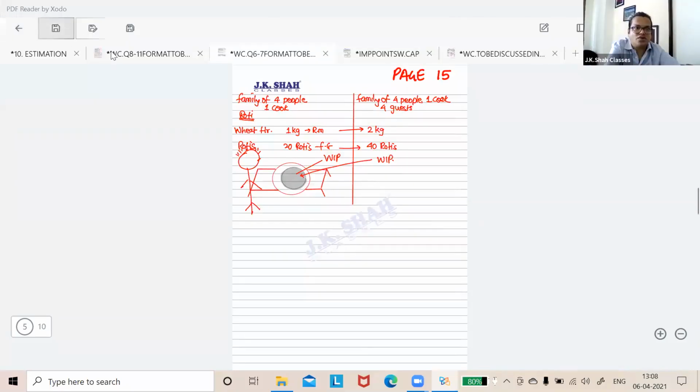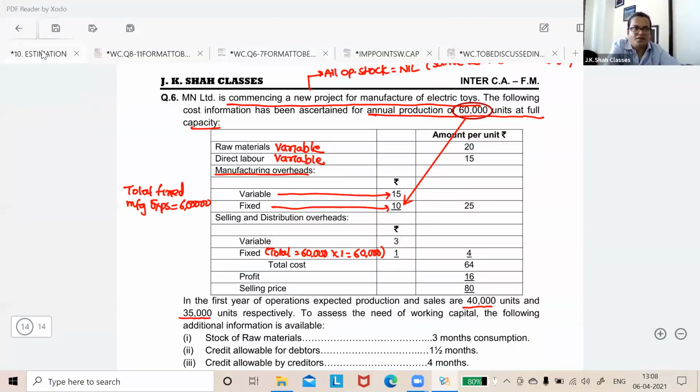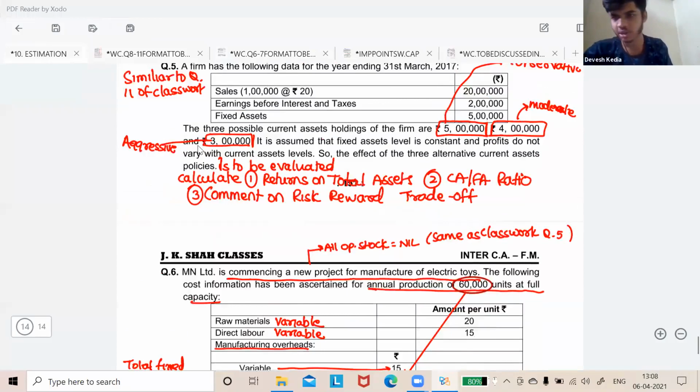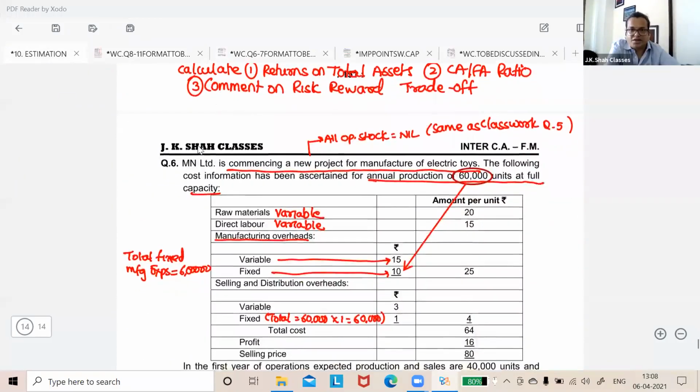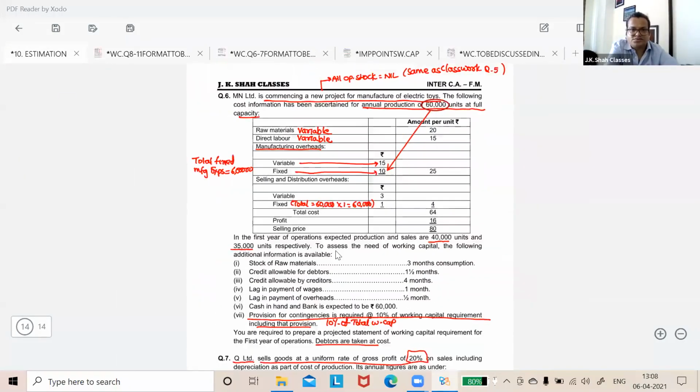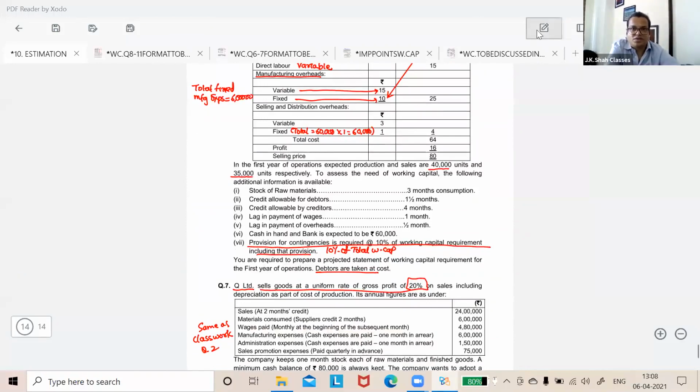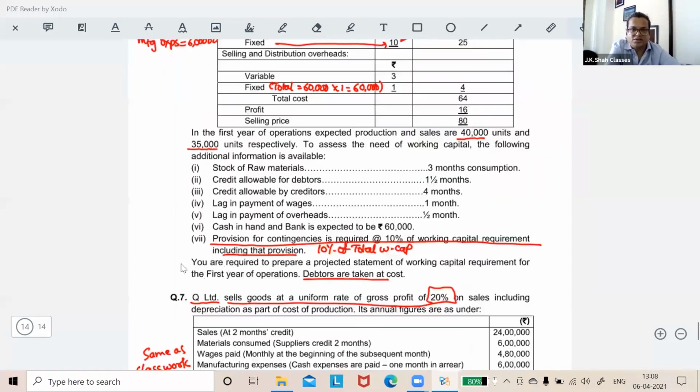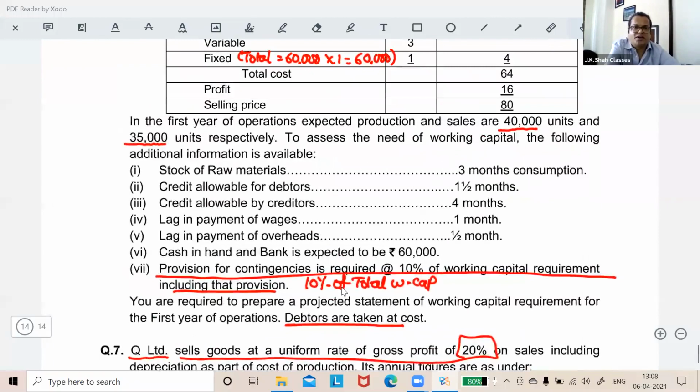Question number 6 of homework. Yes, there was something like contingency is required at the rate of 10%. Wait. You are talking so fast. What is written in question number 6? See, provision for contingencies is required to be how much? 10% of working capital requirement, including that provision.